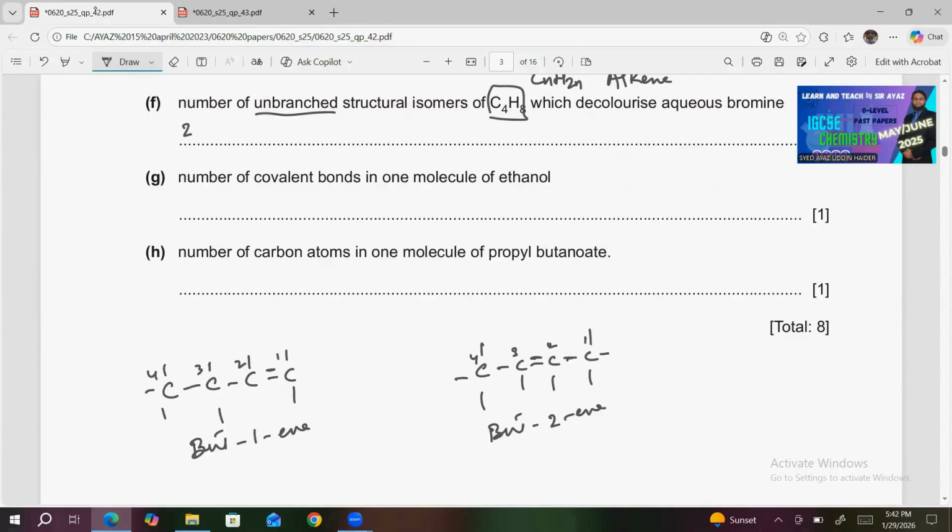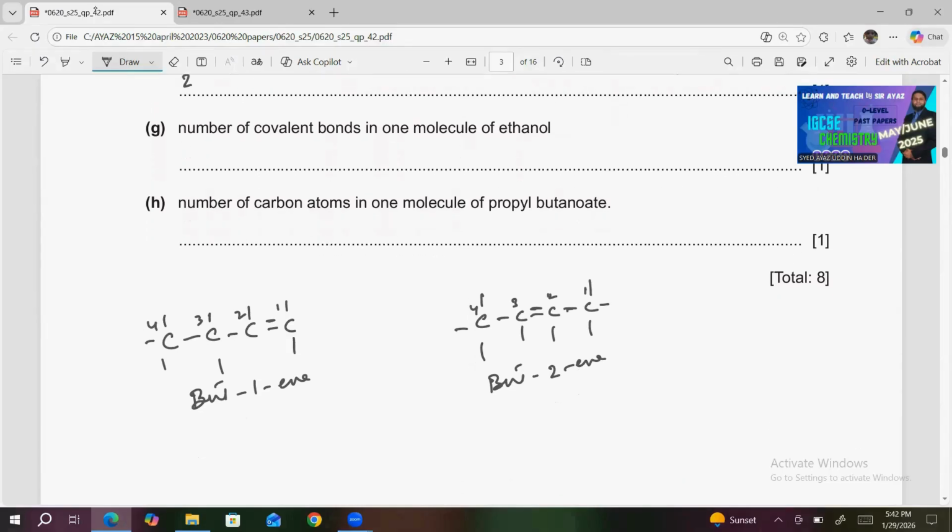What about G? Number of covalent bonds in one molecule of ethanol. The molecular formula of ethanol is C2H5OH. So I'm going to show each covalent bond in a molecule of ethanol. We have 2 carbon atoms in ethanol, and we have 1 OH also.